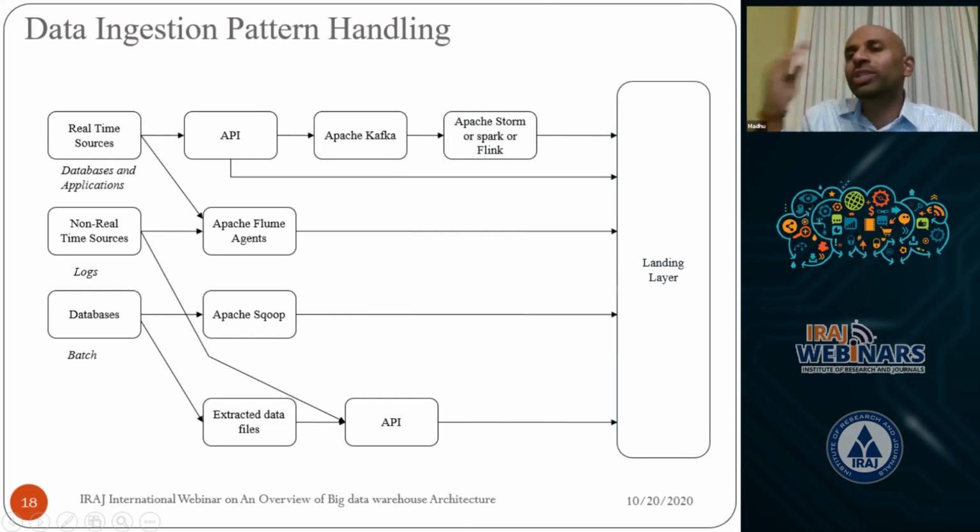So we need to think, when we go to big data warehouses, everything is a file. Now, taking the example of real-time sources: an application which wants to push data in real time is a classic example, or a database which is constantly getting updated.